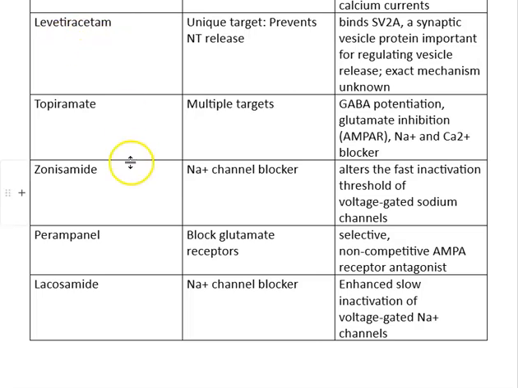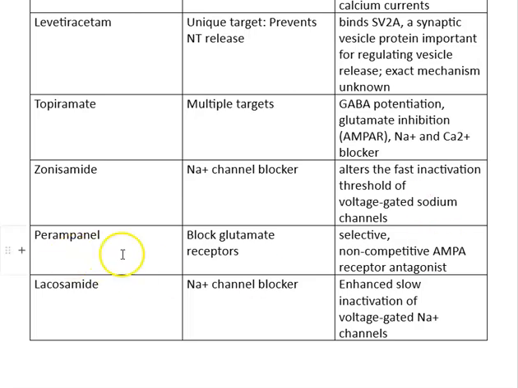Then we go to our last ones. Zonisamide blocks sodium channels, and in this one, it changes the fast inactivation threshold of voltage-gated sodium channels, so it basically just makes the inactivation happen faster.